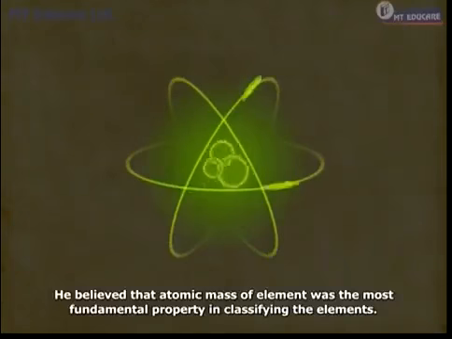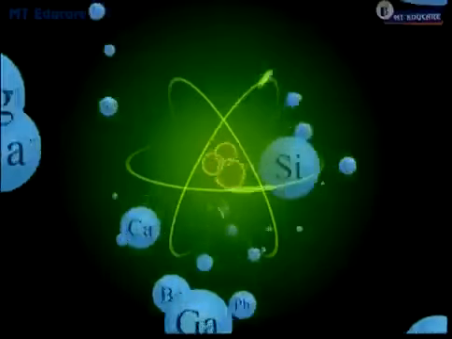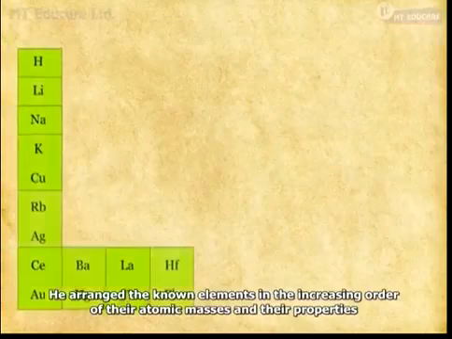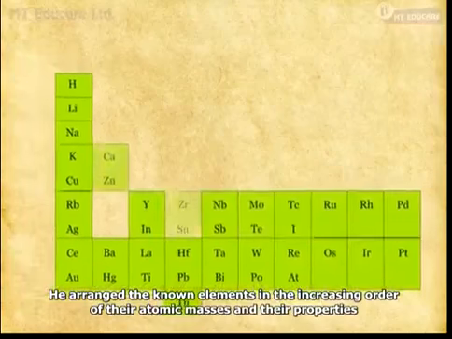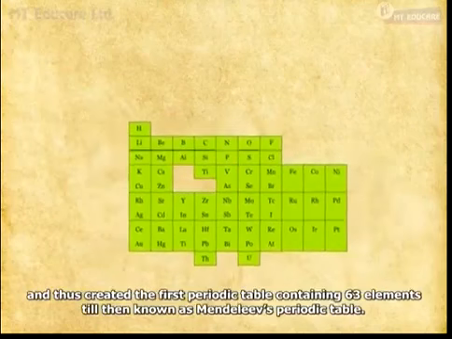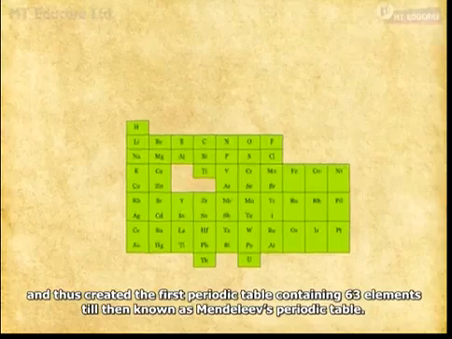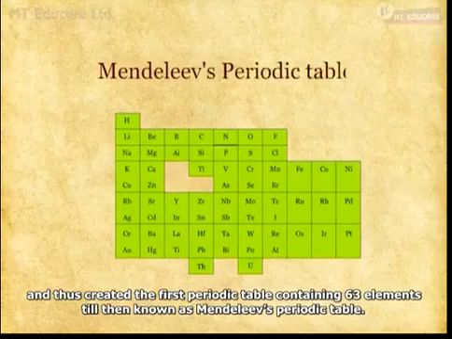He believed that atomic mass of an element was the most fundamental property in classifying the elements. He arranged the known elements in the increasing order of their atomic masses and their properties, and thus created the first periodic table containing 63 elements, then known as Mendeleev's periodic table.